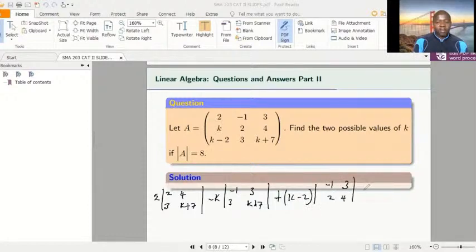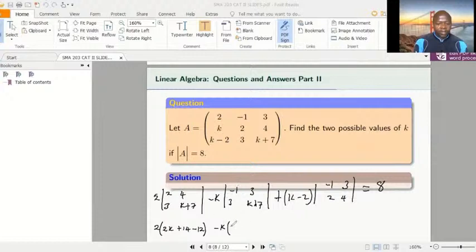This is the determinant. The question says it is 8. So let's just simplify. This is 2K plus 14 minus 12. What about this?